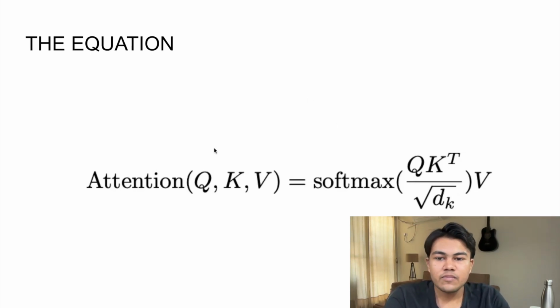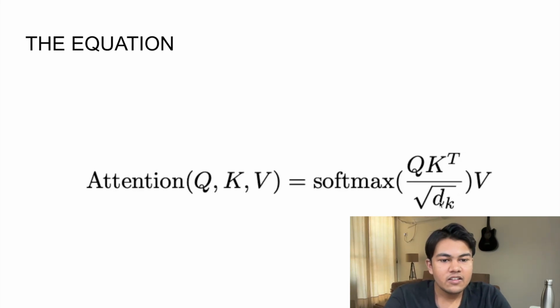This is the equation for it, where you have an input and a query, key, and value, which are matrices. These are basically parameters in the neural network, you can say learnable parameters. Then you first do the matrix multiplication of Q and K. You transpose K so that the matrix multiplication is possible, and then you divide by a constant, d_k, to normalize it.